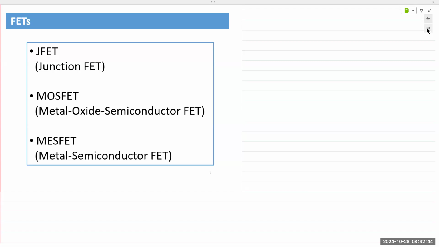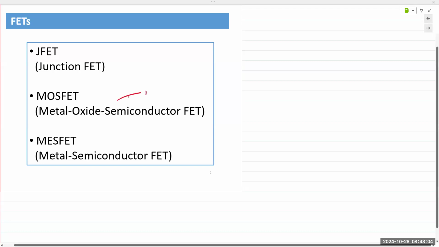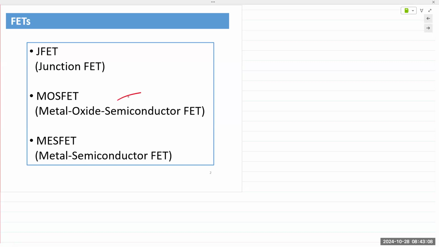But it took a while for the manufacturing to reach a level where the devices were more power efficient and also of low cost, so it took a while for it to catch on. But once it caught on, MOSFETs have several advantages that rendered them the de facto choice in modern electronic circuits.